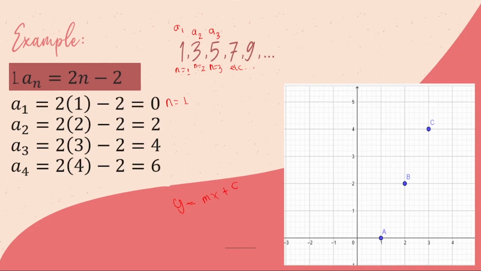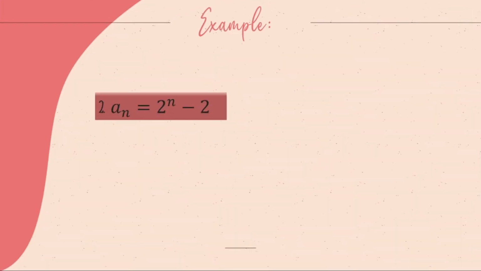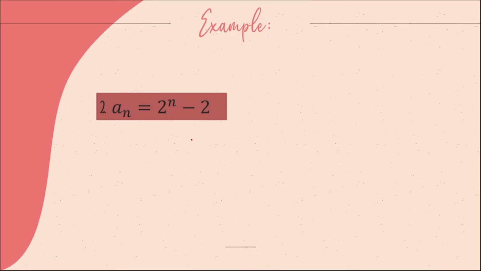Let's look at another example. This one here, we have a sub n equals 2 to the n power minus 2. How do we find the first 4 terms in this sequence? Well, we are gonna follow the same pattern we did in the last problem. We take a sub 1.